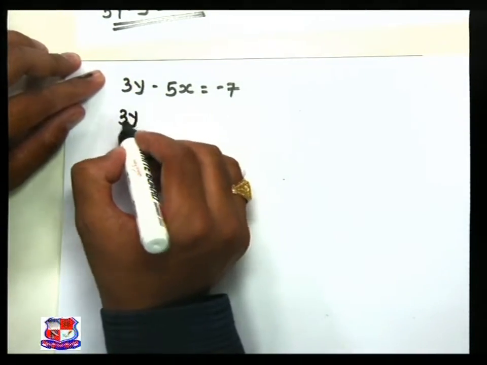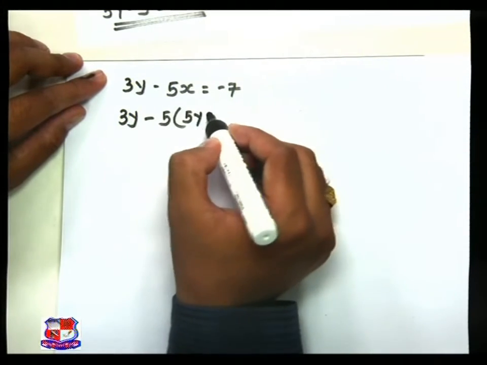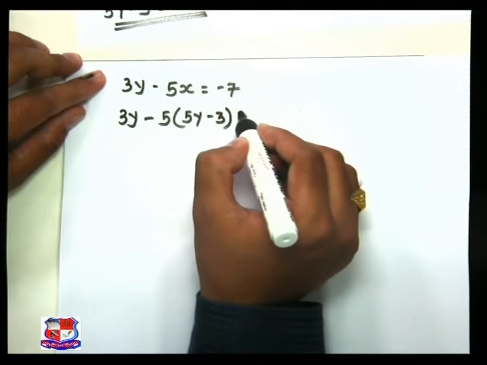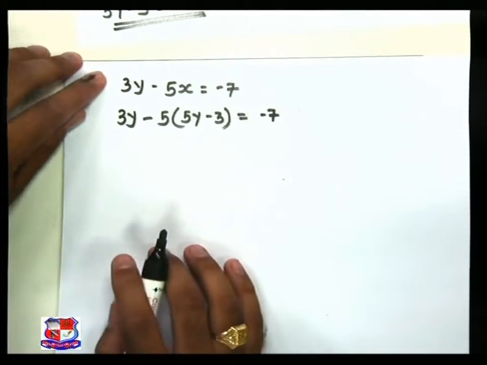So 3y as it is, minus 5 times (5y minus 3), is equal to minus 7.